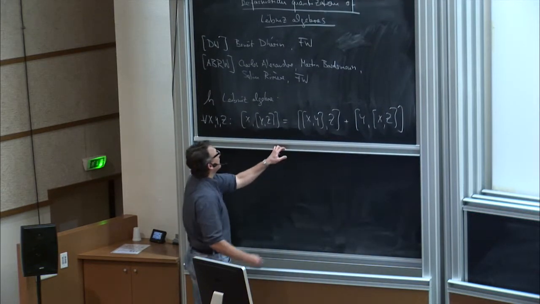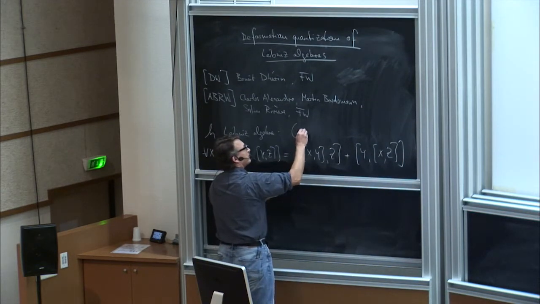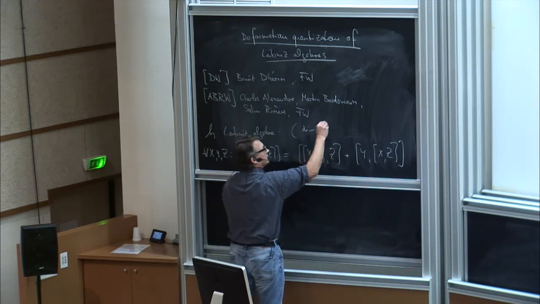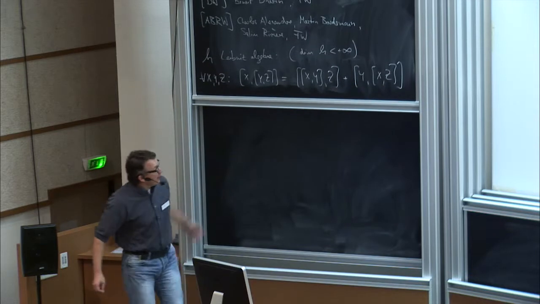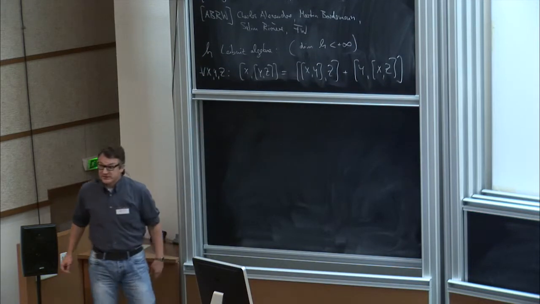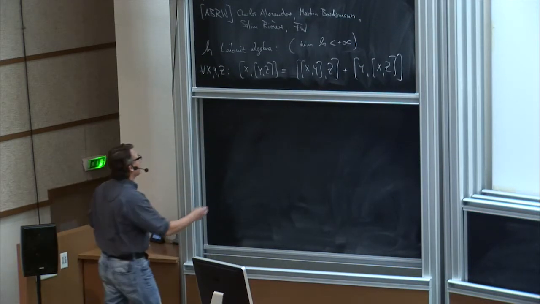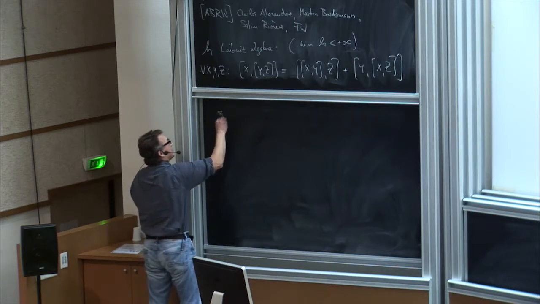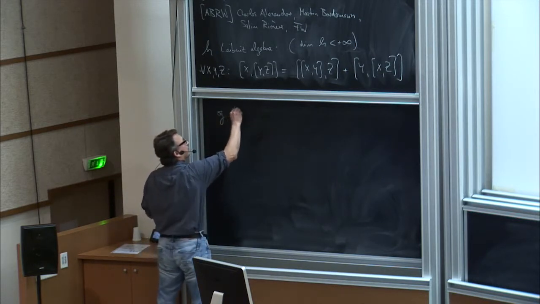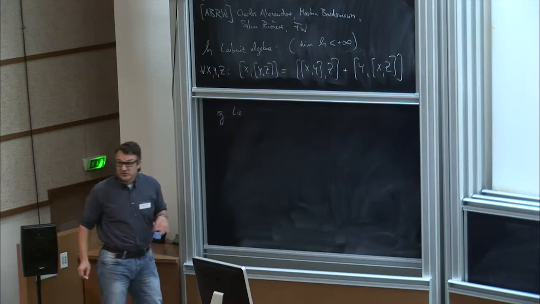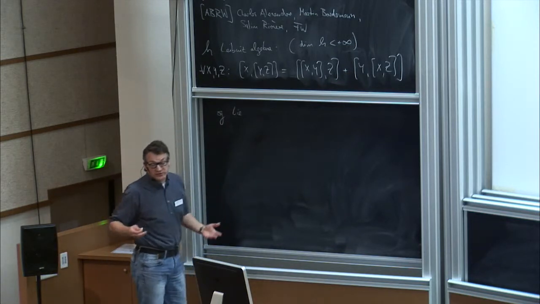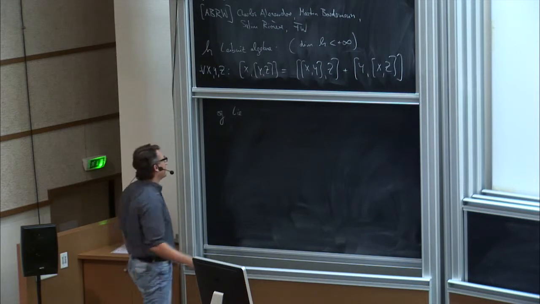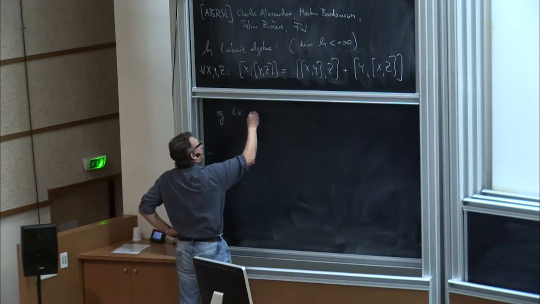And all my Leibniz algebras will be finite dimensional. And so Lie algebras are a special case of it. In order to distinguish Lie algebras and Leibniz algebras, I will always take the letter G for Lie algebra and H for Leibniz algebra, which is not necessarily Lie.